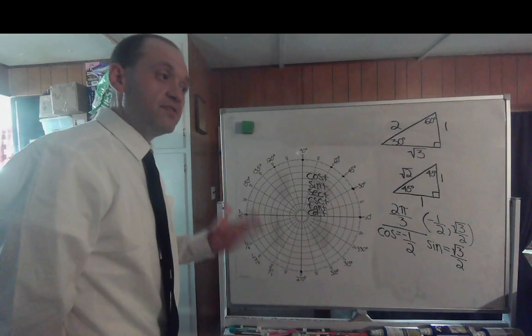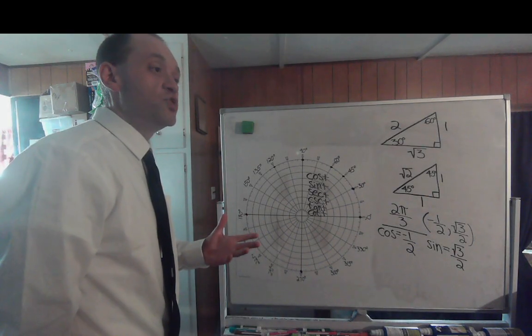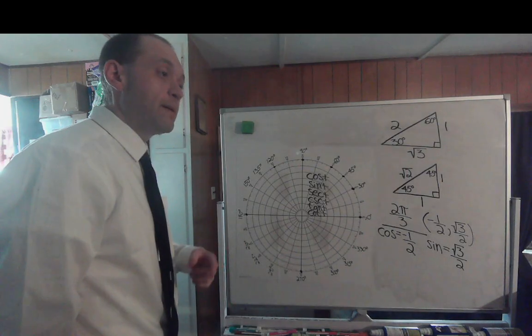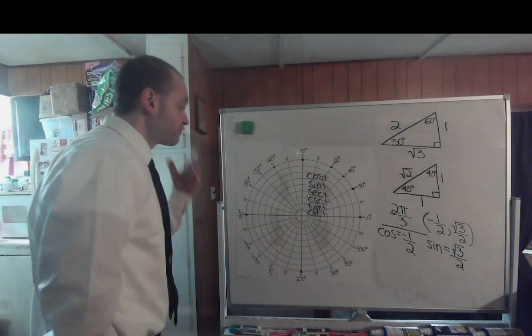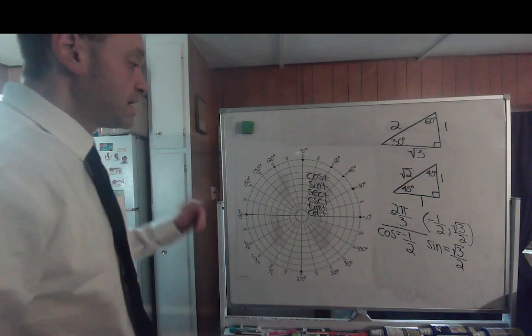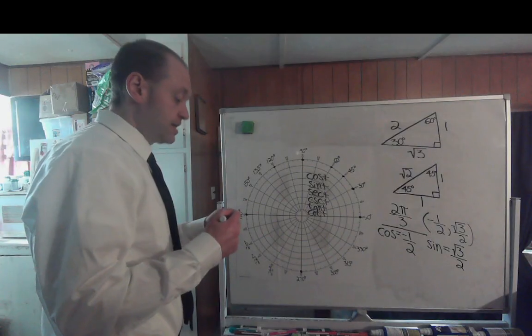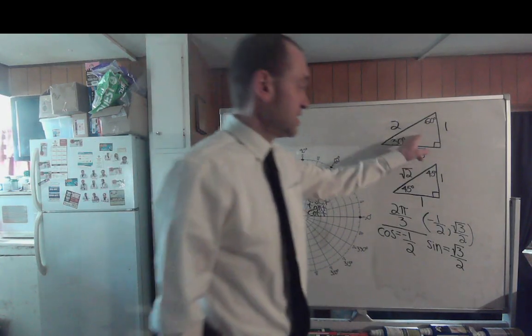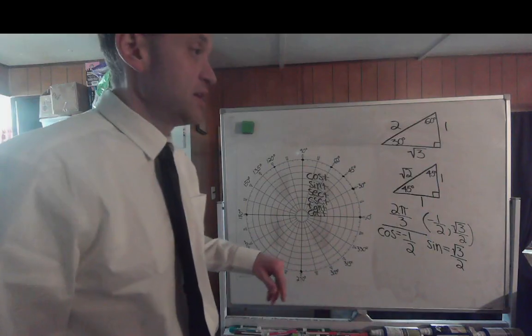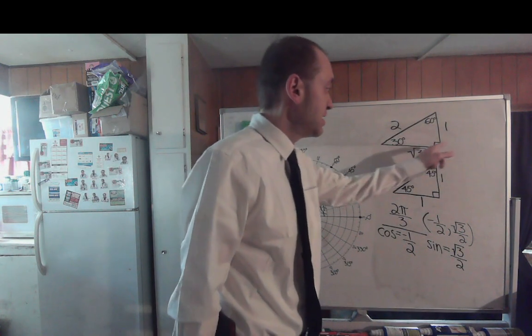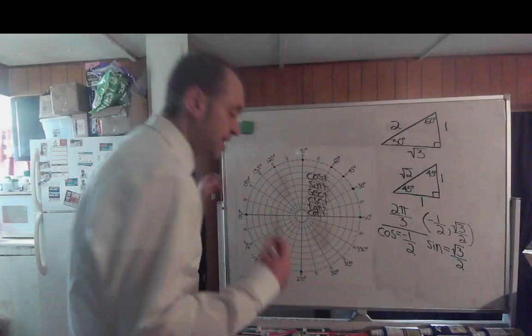Well, positive divided by a negative gives you a negative. That means you can find the tangent of 60 and you'll just put a negative sign on it. So the tangent's opposite over adjacent, so that'd be negative square root of 3.